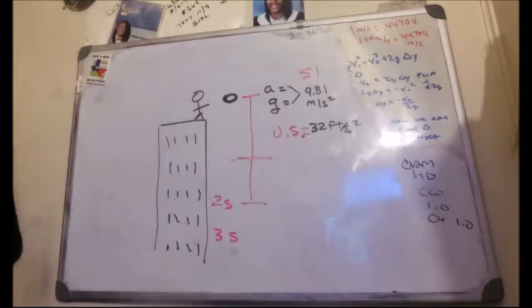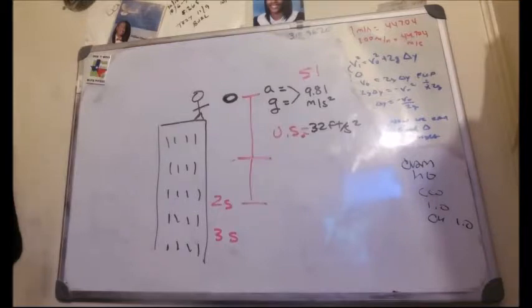Well, that's distance over time. So 2 seconds, we're just doing it in feet. 64 divided by 2 seconds. That's 32 at 2, and the other one is going to be 32 times 3 is 96 over 3 seconds, which is 32.